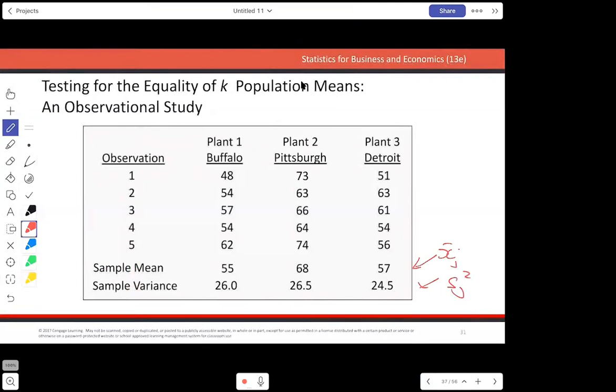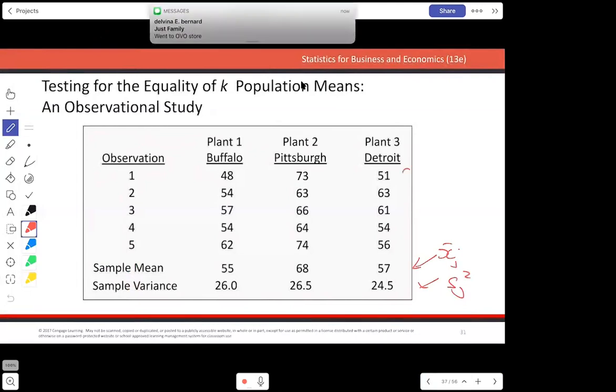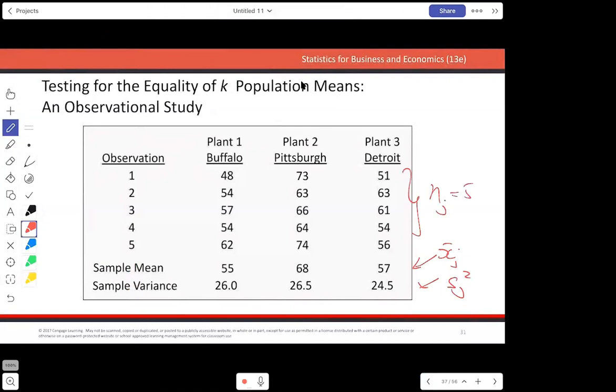The nj's happen to all be the same size, so nj is equal to 5 for all of them. And what else do we need? We need x double bar. X double bar is the average of those 15 values, but we could also get it by taking the average of those 3 values, in other words, the average of the averages.